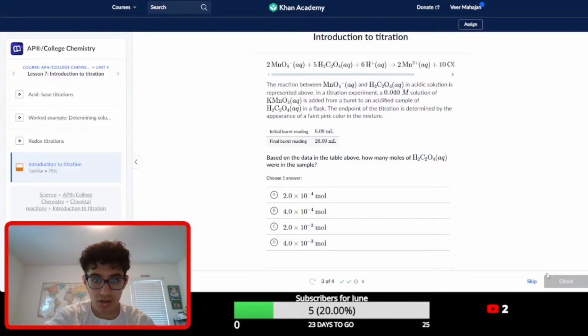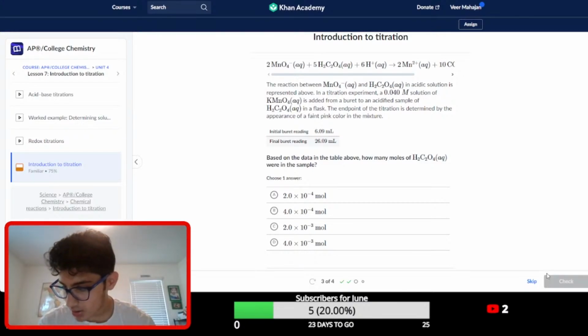Okay, the number of moles of potassium permanganate will be the same as the number of moles of permanganate, and the ratio that's acting here is 5 halves, because we want to get the number of moles of H2C2O4. Okay, and the solution is 0.04. That's a molarity, so 0.04 is equal to the number of moles over 0.02.